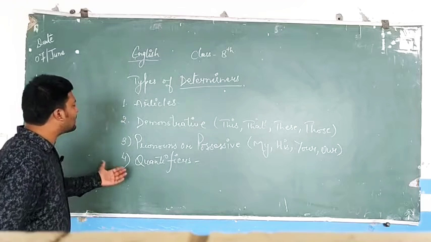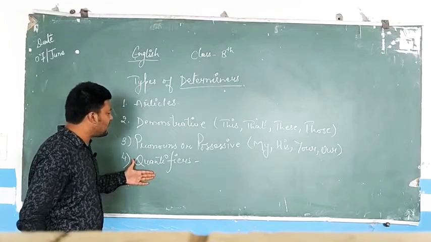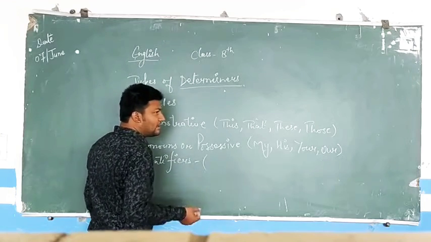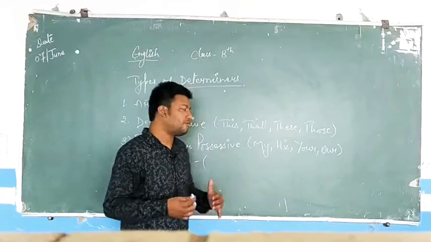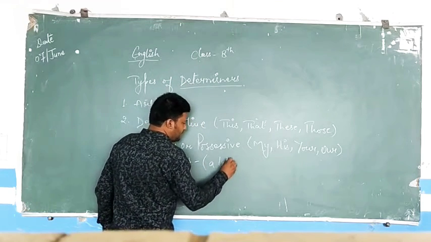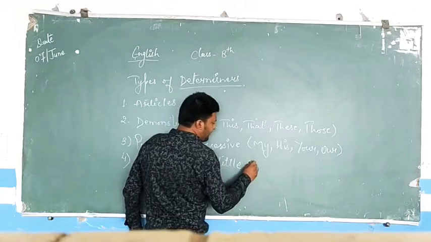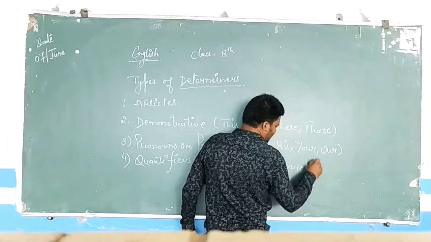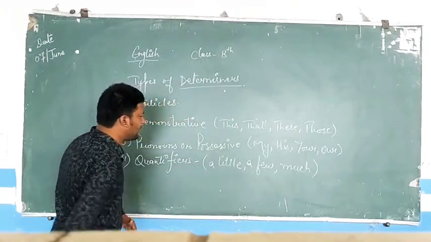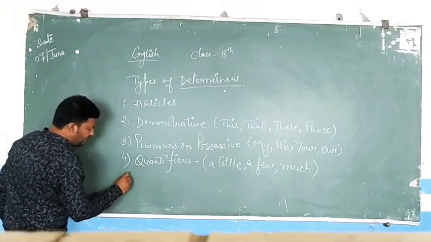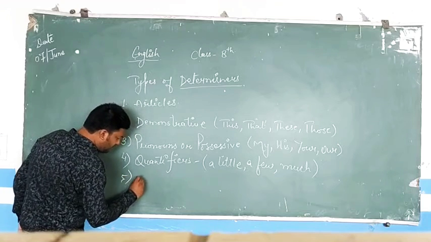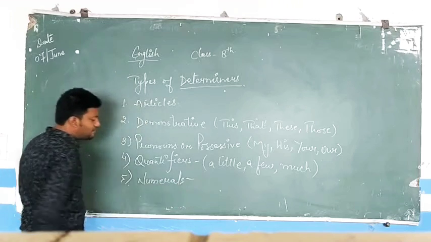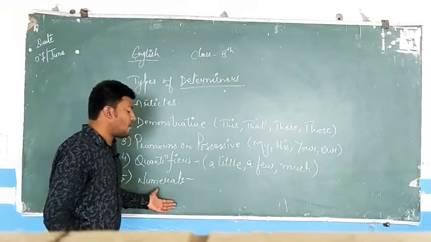Quantifiers, as the name suggests, quantity, which tells us about the quantity of the noun, that is how much: a little, a few, much, etc. What quantity do I require? The fifth one here is numerals. Numerals, as the name suggests, are numbers.